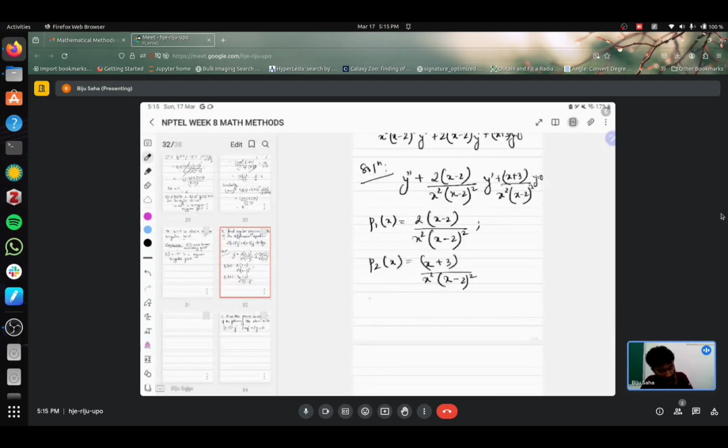Both P1 and P2 are not analytic at these points, so these two are my singular points.